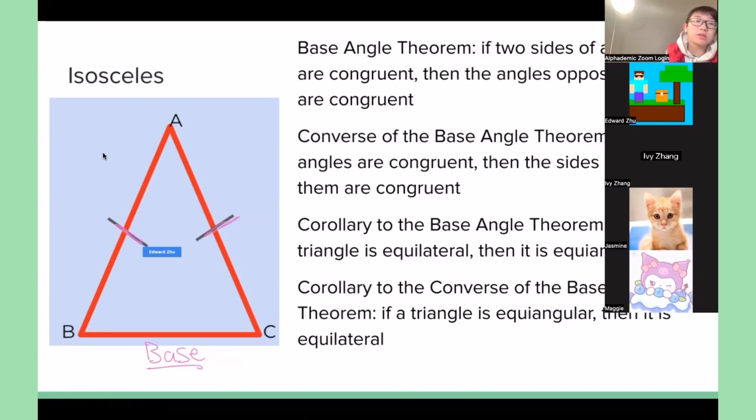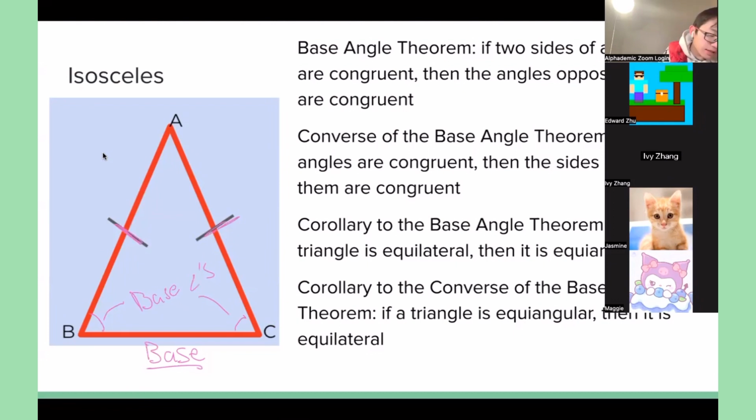The base is always the non-congruent side. These are what we call the base angles right here, angle B and angle C. It won't always be angle B and angle C being the base angles, this is just an example. It could be angle A and angle C, or angle G and angle Z, anything like that.